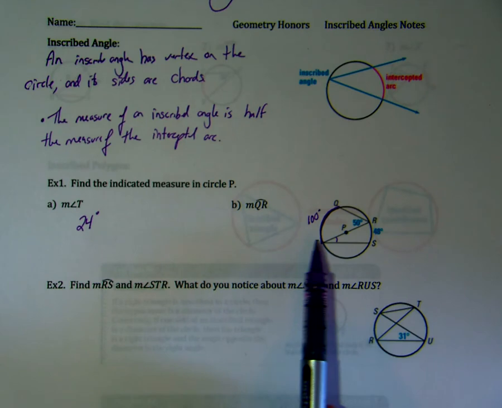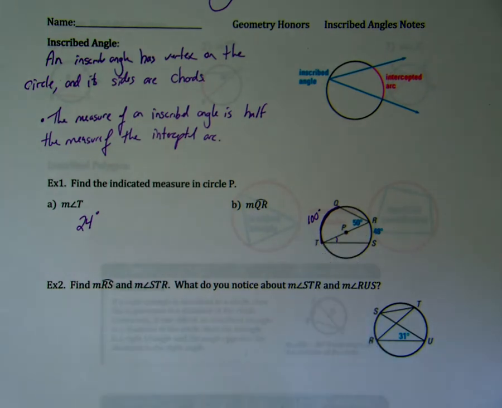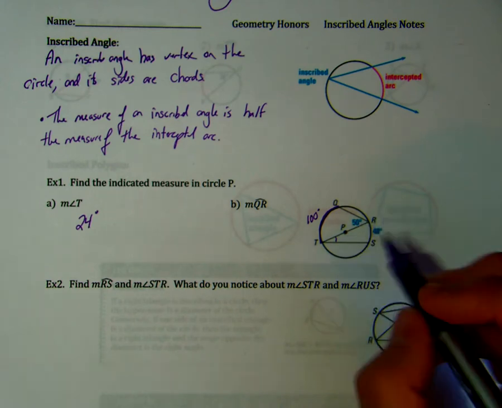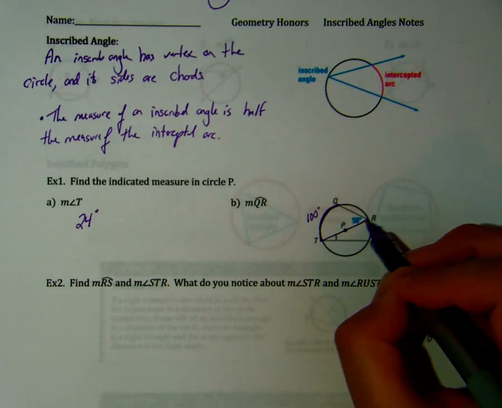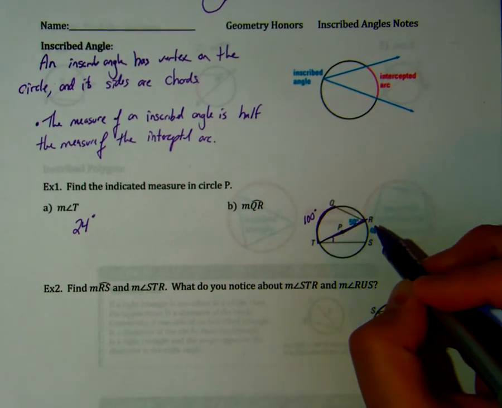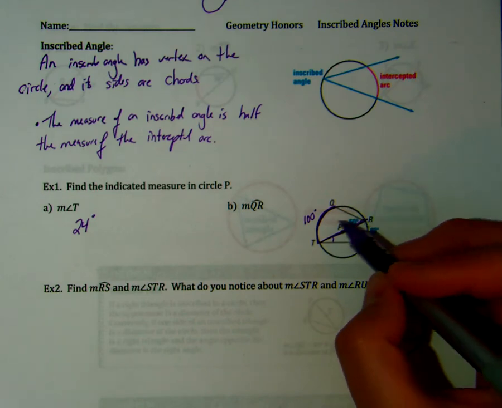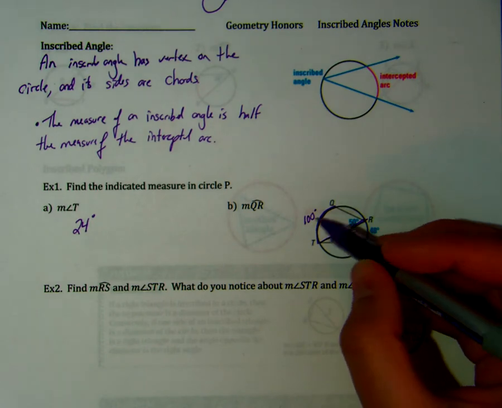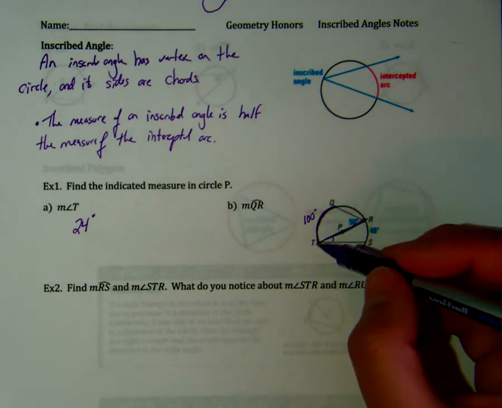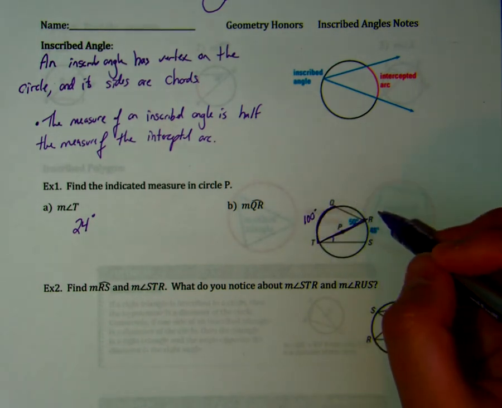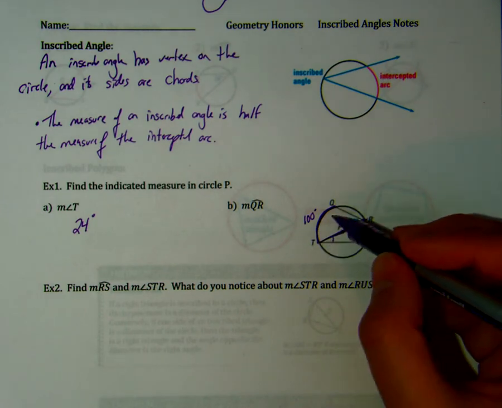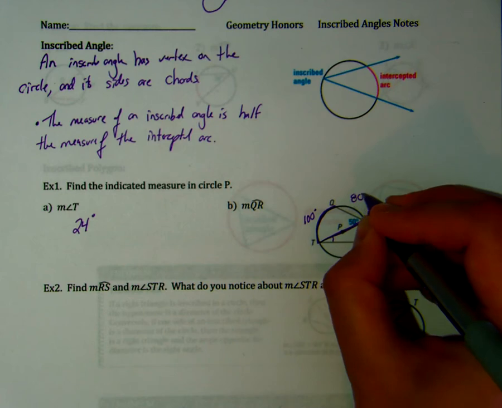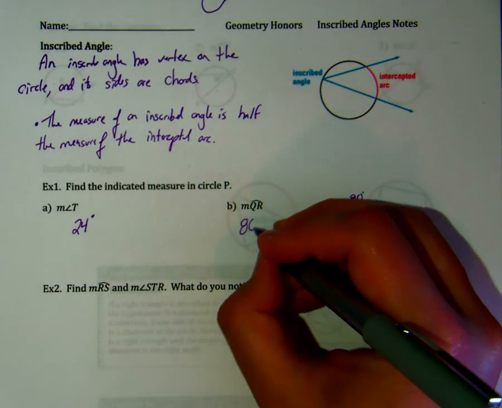And because this is circle P, this is a diameter, and a diameter cuts the circle in half, so you have two semicircles. A full circle is 360 degrees, so a semicircle is 180. If this little piece here is 100, then QR is going to be the remainder of that 180, so this is going to be an 80-degree arc.